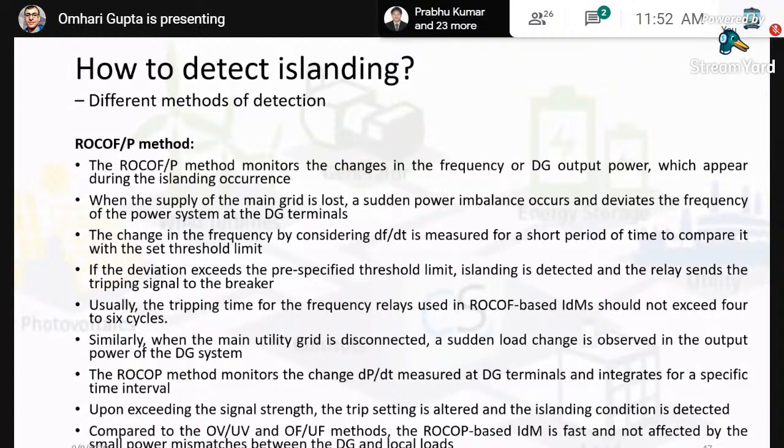Compared to UV, OV, and OF/UF methods, the rate of change of power based method is fast and not affected by the small power mismatches between the DG and local nodes. But in case of over voltage, under voltage, a small mismatch will not give you the idea of islanding.